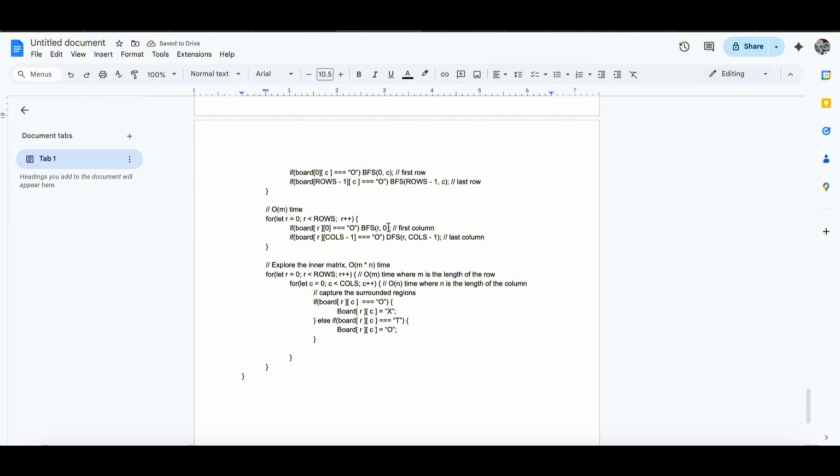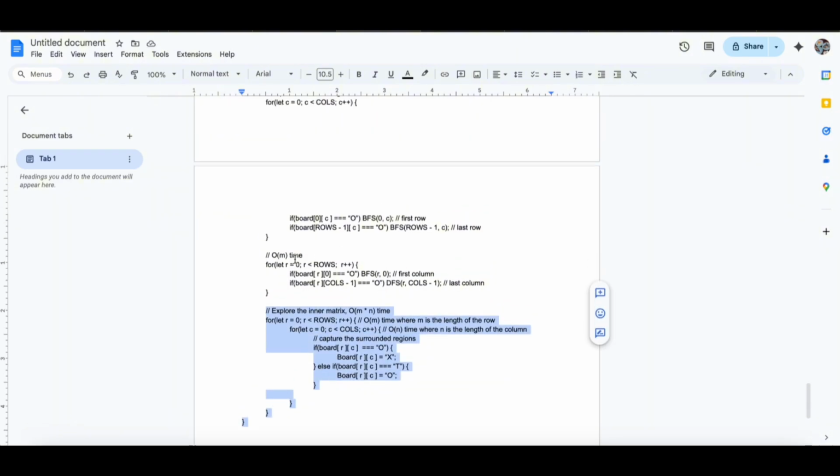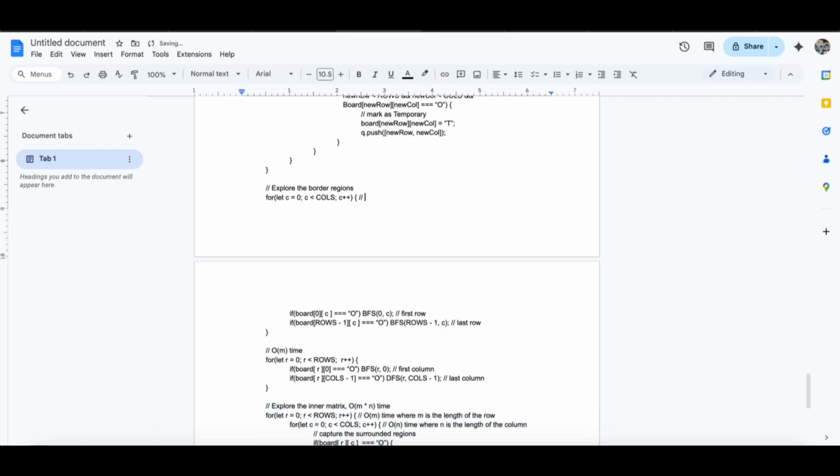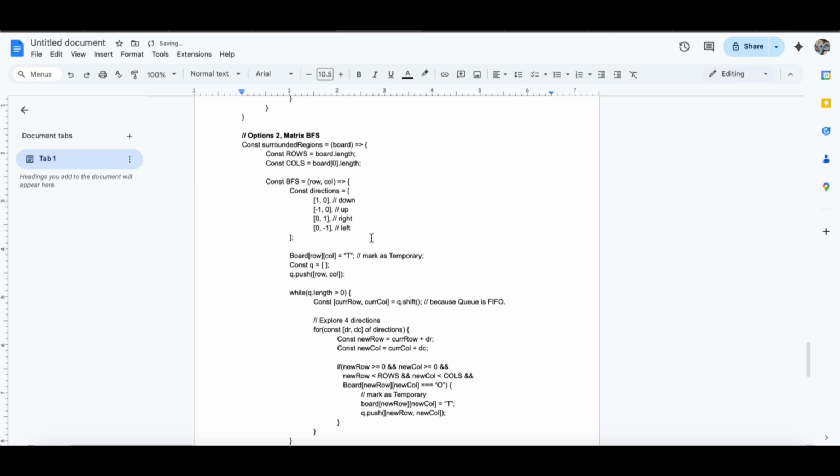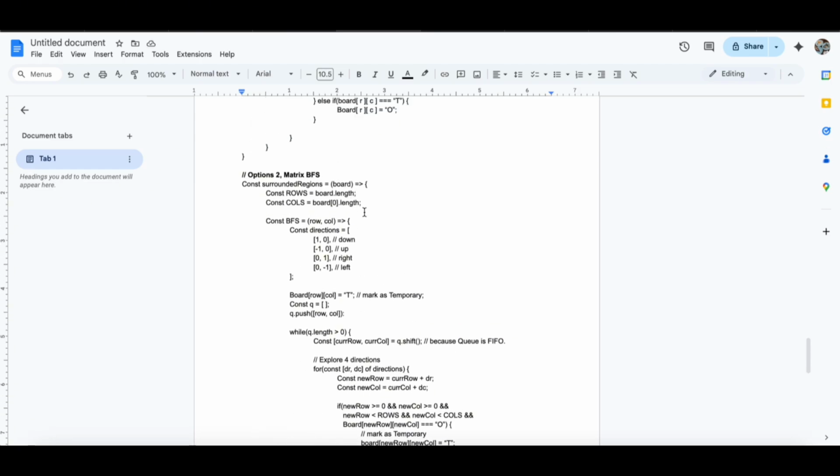Let's do the time and space complexity analysis. This one is already done. This one is also done. This one will be the time, because we explore the 4 directions, right? And we are using q. This will be O(m multiplied by n) space for the worst case scenario.